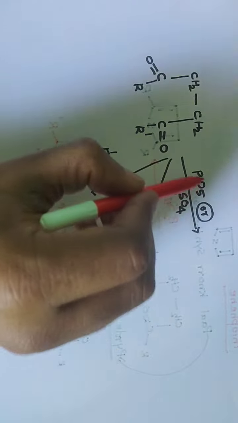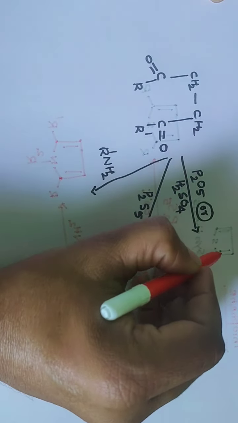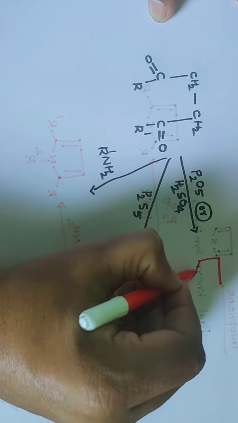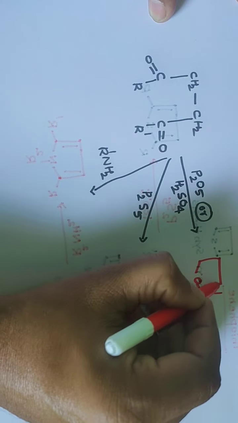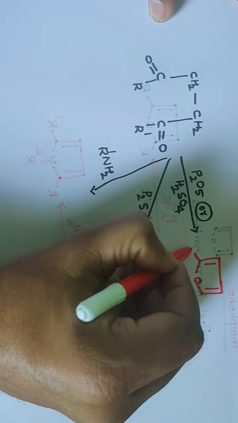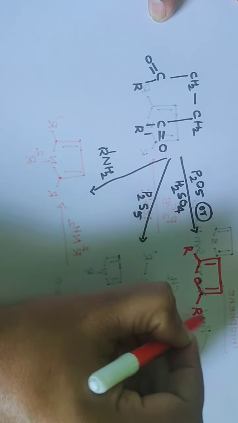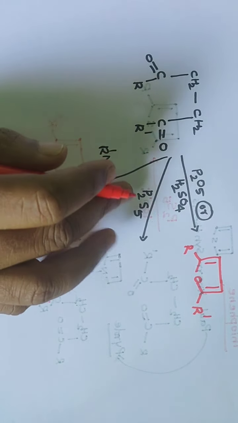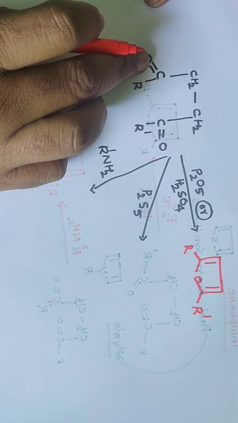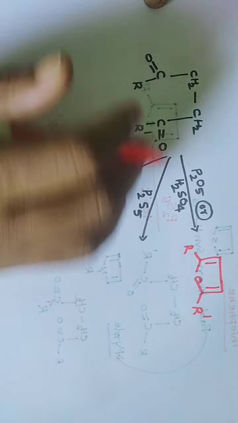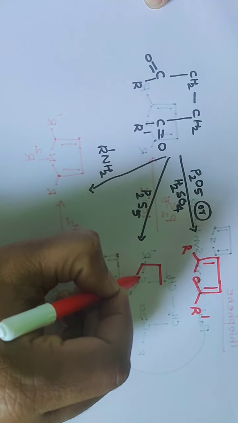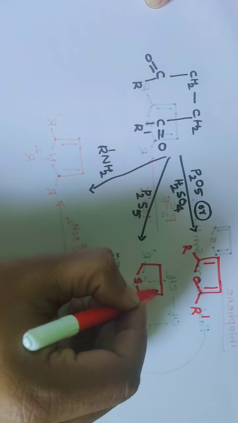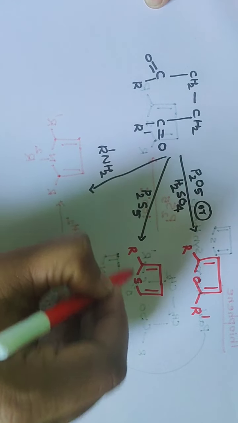With P2O5, dehydration takes place and you get this compound, with R dash. Here first the double bond O gets converted to double bond S, and that sulfur attacks. So sulfur will be introduced in the ring, and you get this compound.